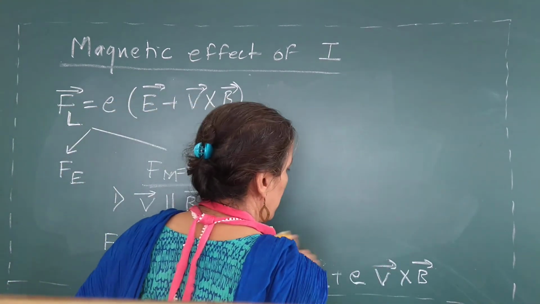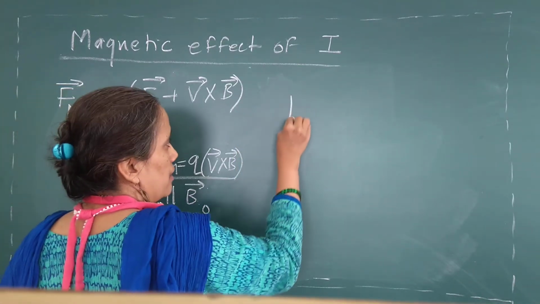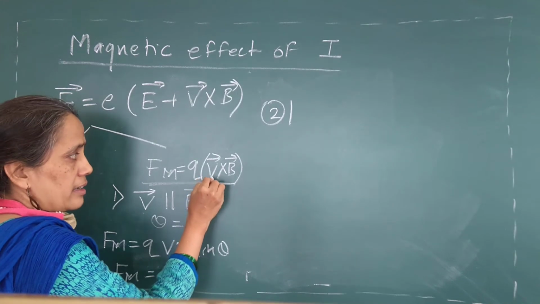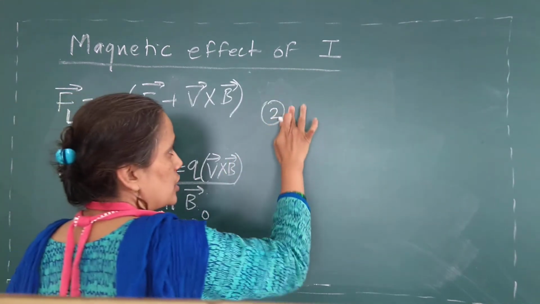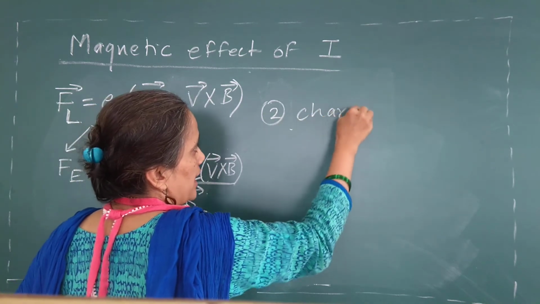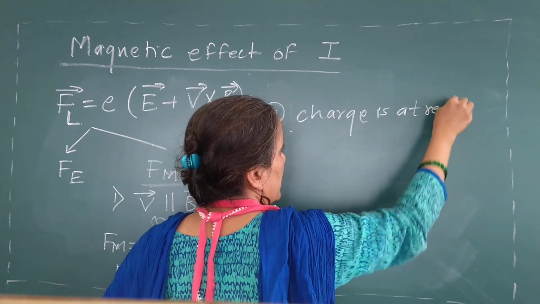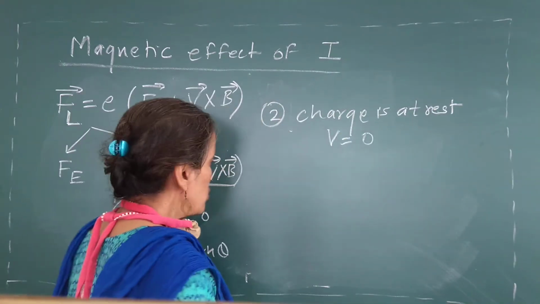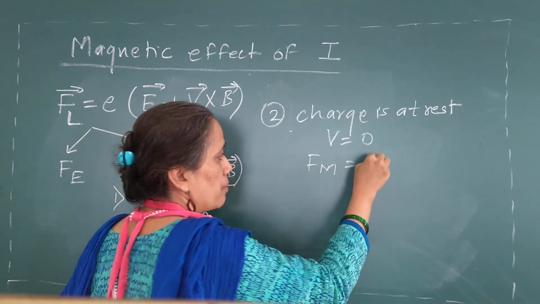In the second case, if your charged particle is stationary, or I can say the charge is at rest. Charge is at rest means what? The velocity of that charged particle is 0. Velocity of the charged particle is 0 means what? Again your magnetic force will come to be 0.